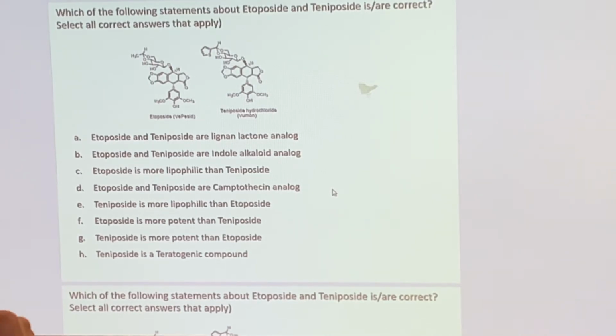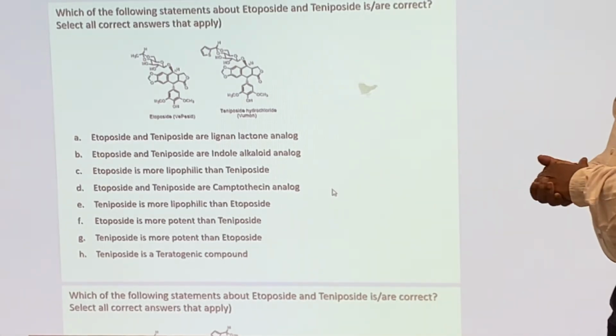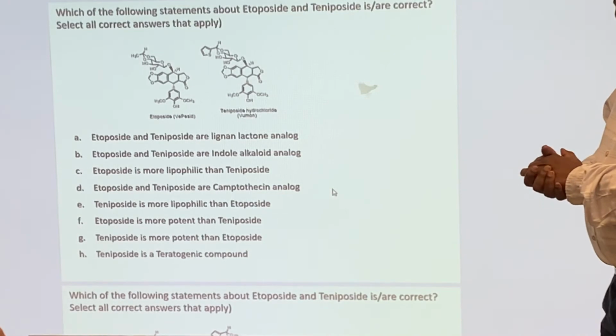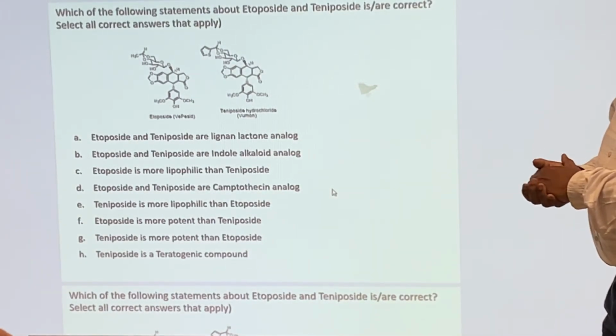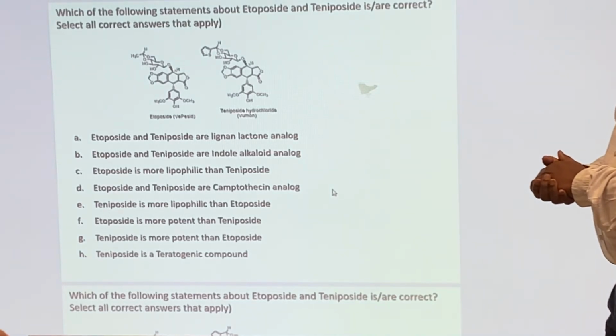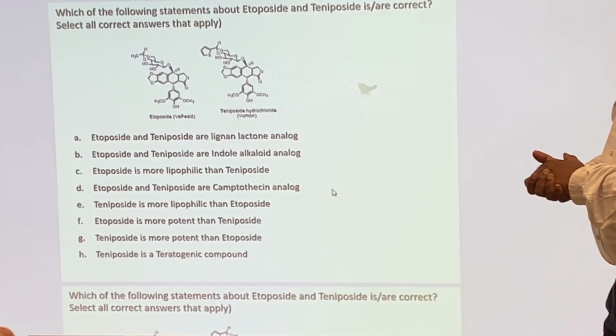H. Yeah, H is right. G, teniposide is more potent than etoposide. G is right. And teniposide is more lipophilic than etoposide. E is right. And both are not camptothecin analogs.